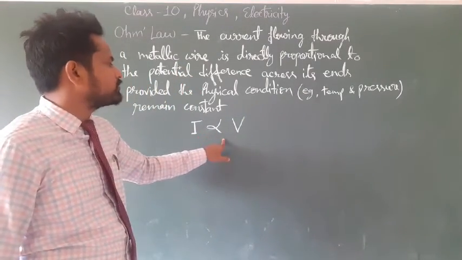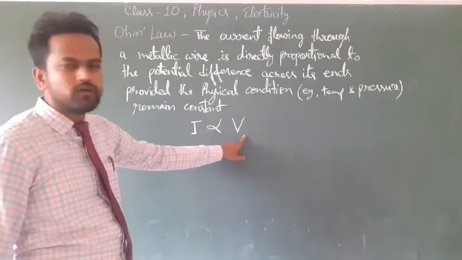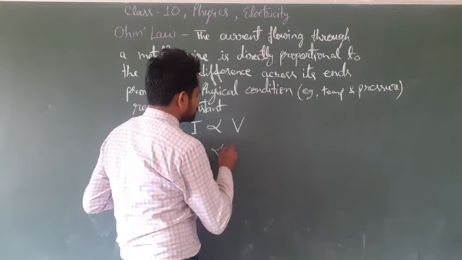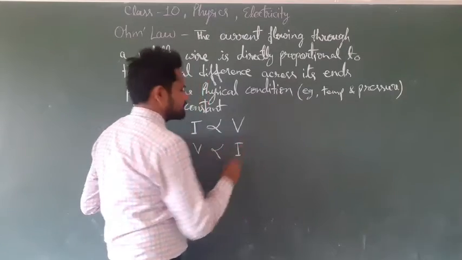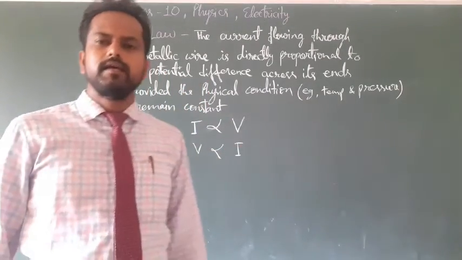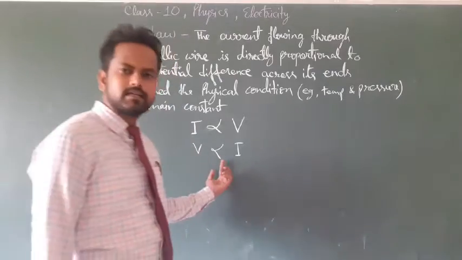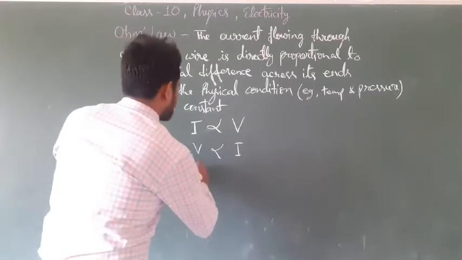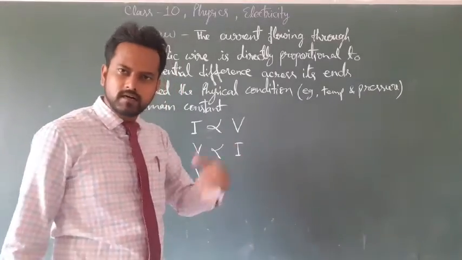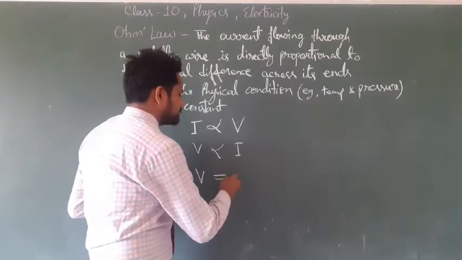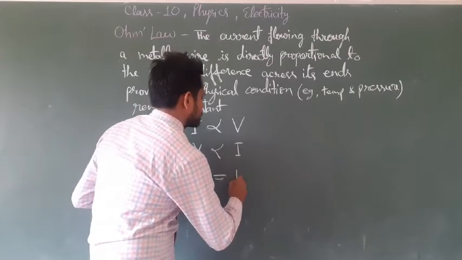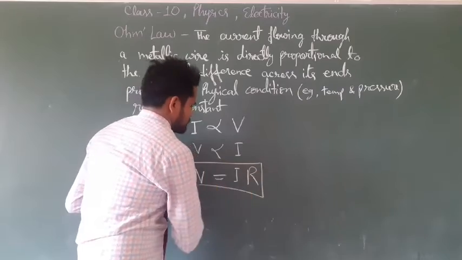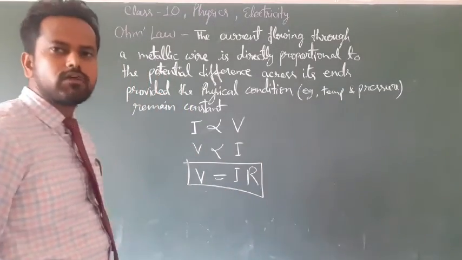I is directly proportional to V. This can be written as V proportional to I. And we know very well, if we remove this directly proportional sign, then one constant comes, and here the constant is R. So V is equal to IR.